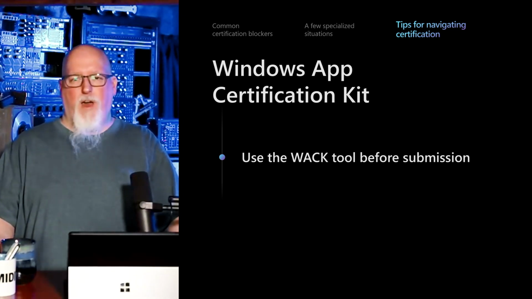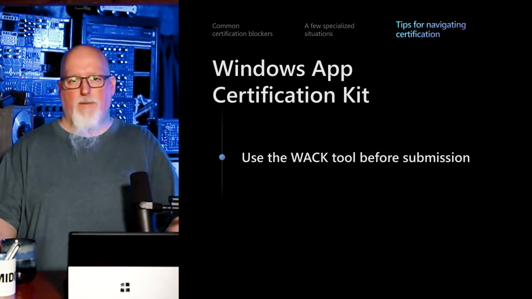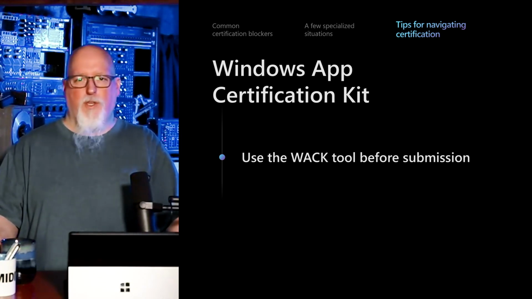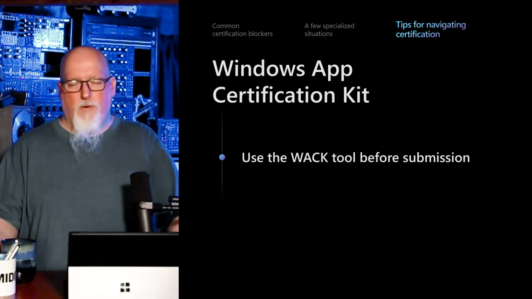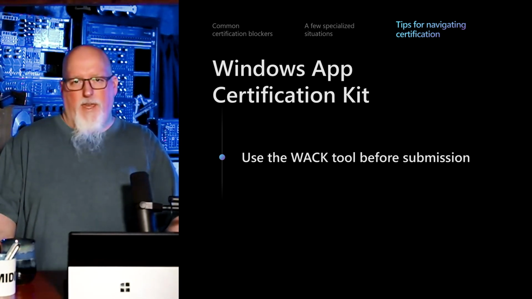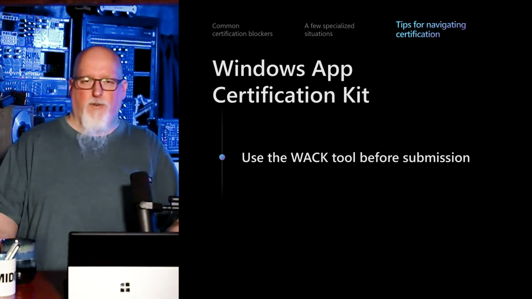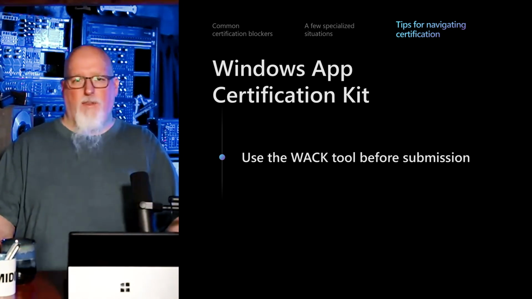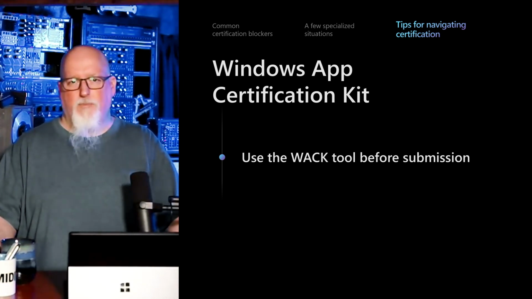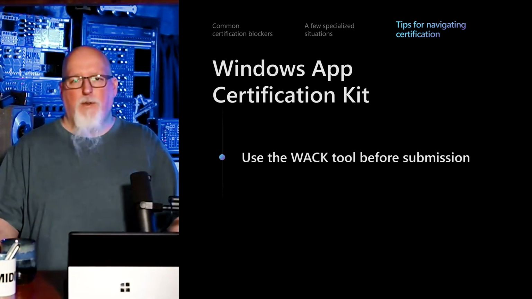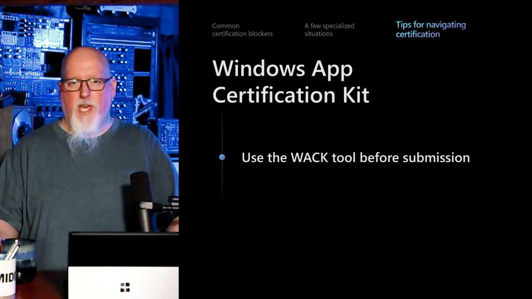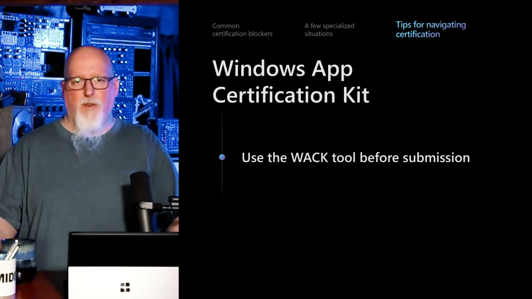This is a tool that we provide that makes it easy for you to run many of the same tests that we would run in an automated fashion, so that you can make sure that your application is using the approved APIs and the package is legitimate and version information is correct, and all of those different things that you want to make sure the application will go through the testing process cleanly on are all things that can be tested through WACK. Now, of course, there are still manual steps that we do as part of the certification process, but this will at least get the low-hanging fruit out of the way to begin with.